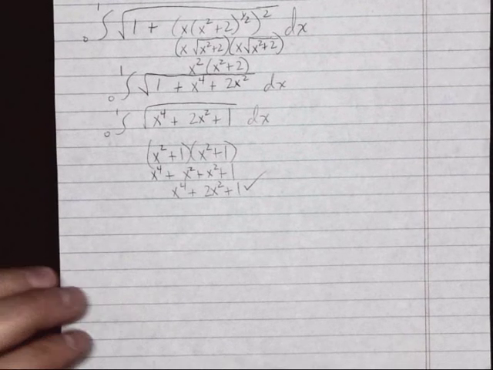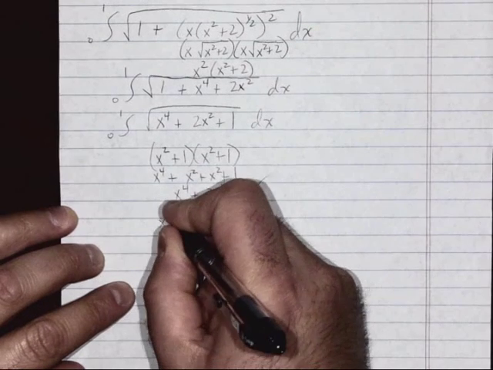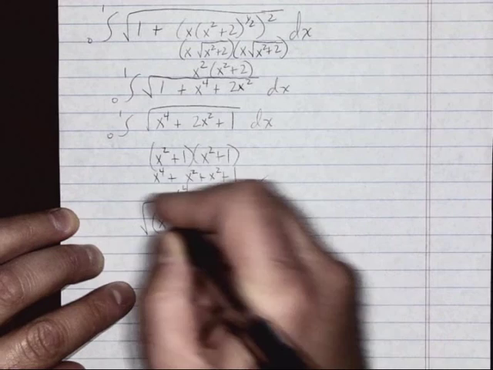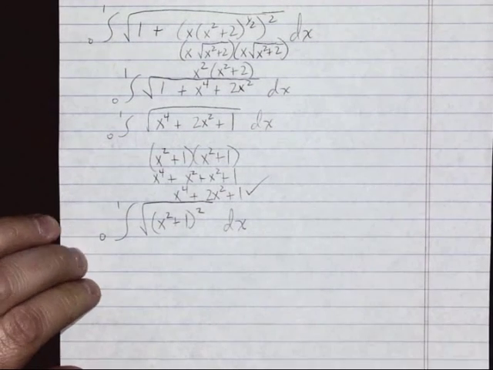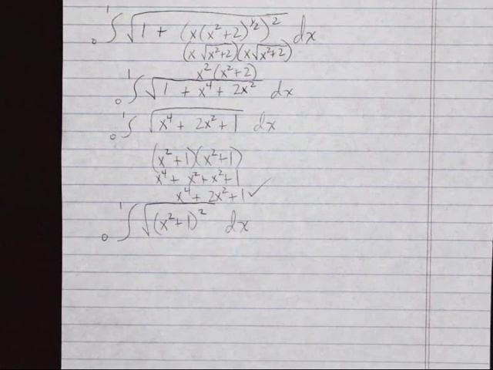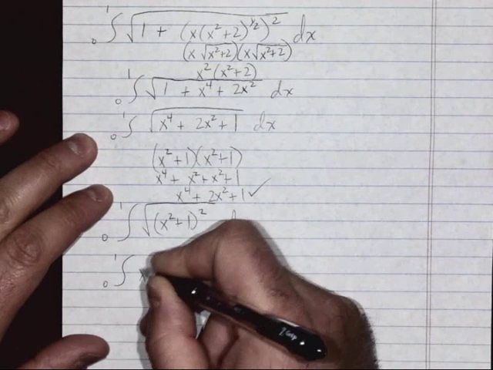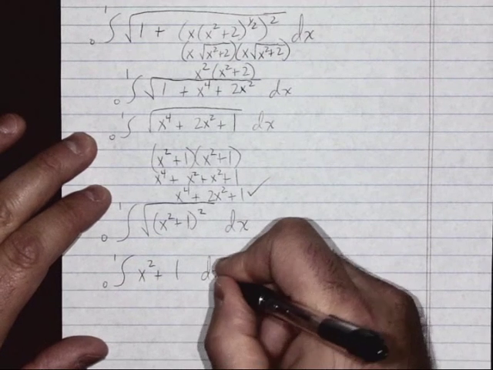Okay, so I'm going to move this up a little bit. So now I can rewrite this as x squared plus 1 squared. And then now that square root and the square are going to cancel. And I get the integral of x squared plus 1 dx.